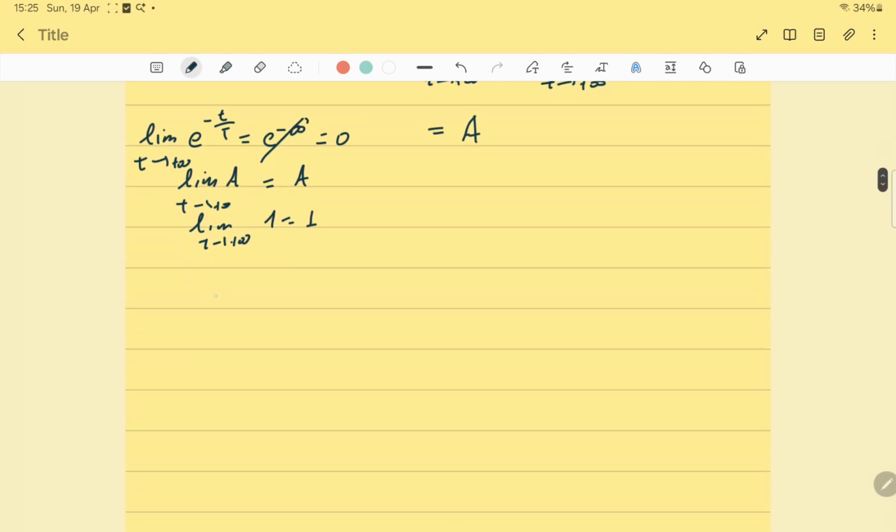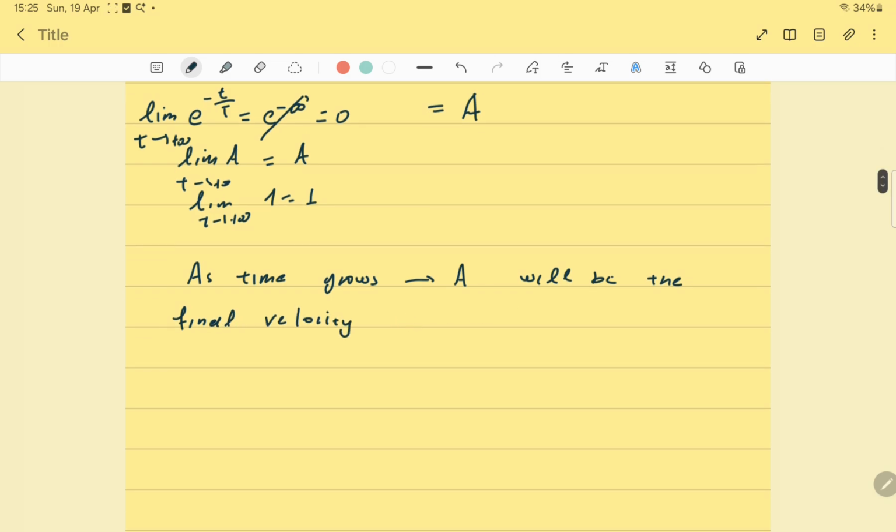What this means is that as the time grows, A will be the final velocity. As t goes to infinity, the velocity of the vehicle is going to stabilize to this A. That is the physical meaning.